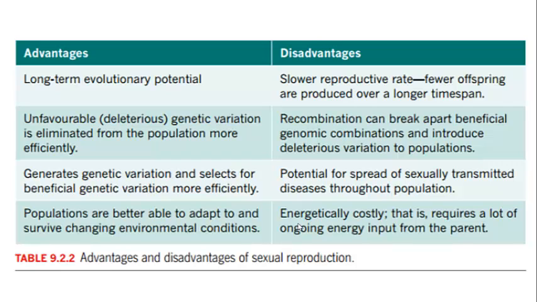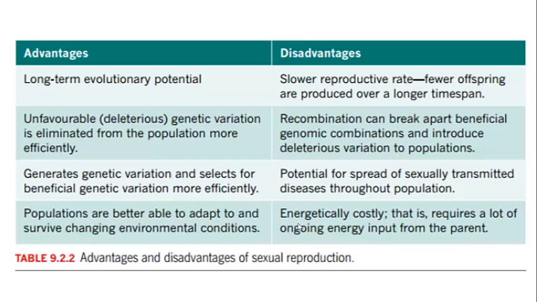The potential for spread of sexually transmitted diseases is also there through a population. Sexually transmitted diseases are also looking to just reproduce their genome. So if they can pass on into a new host, that's beneficial for them, obviously not beneficial for us. So the spread of disease can become quite quick. They talked about that a lot with the Tasmanian devils. They thought that their interactions were spreading the cancers on their face.